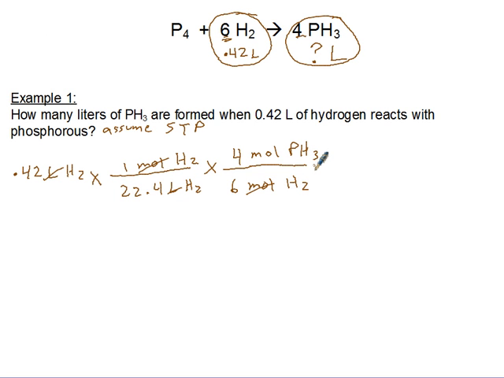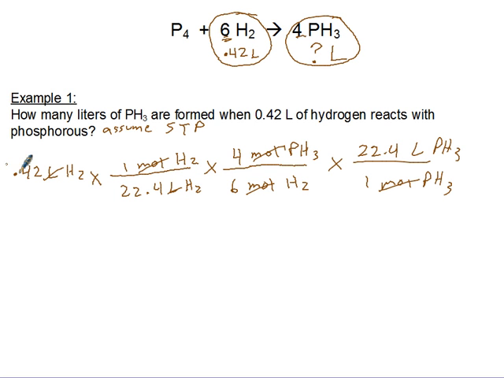And now I don't want moles, I want liters. So I have to do the same thing again, like what I did over here. So to get from moles to liters, I'm going to put in 1 mole of pH3 that will occupy a space of 22.4 liters. And notice how the units do cancel out, and I'm left with liters of pH3, so I know I'm doing the problem right.